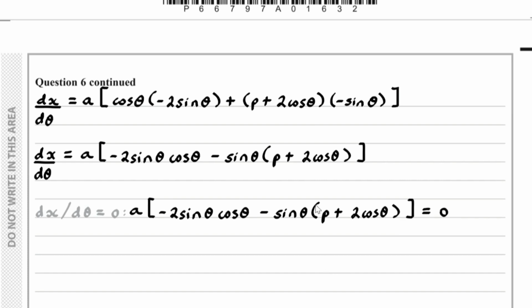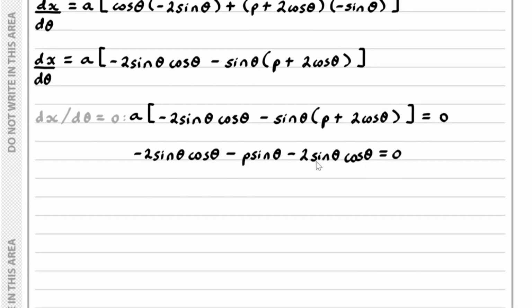And if we expand what's inside the bracket and divide through by a, we've got minus 2 sin theta cos theta minus p sin theta minus 2 sin theta cos theta equals 0.